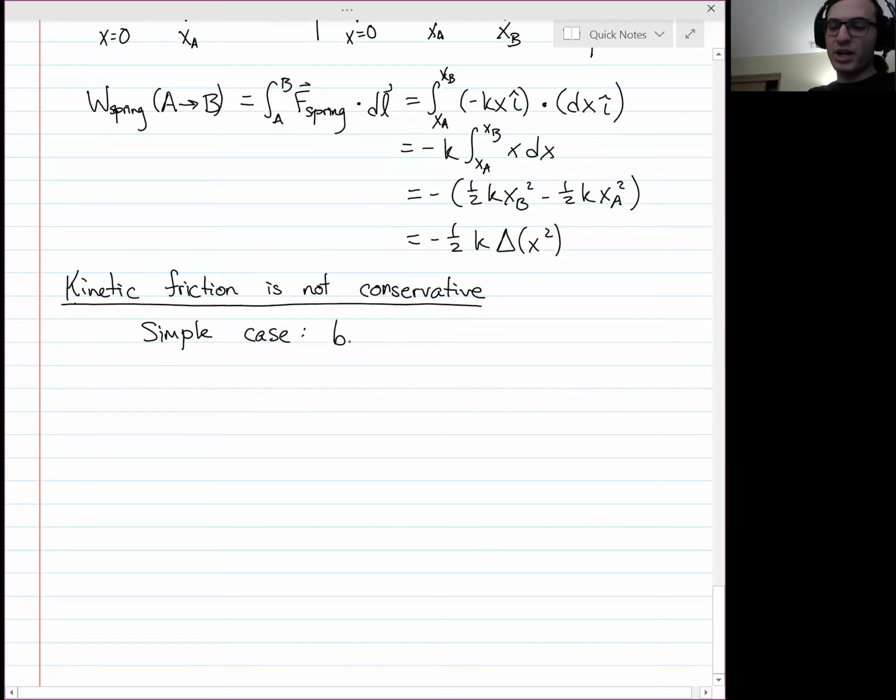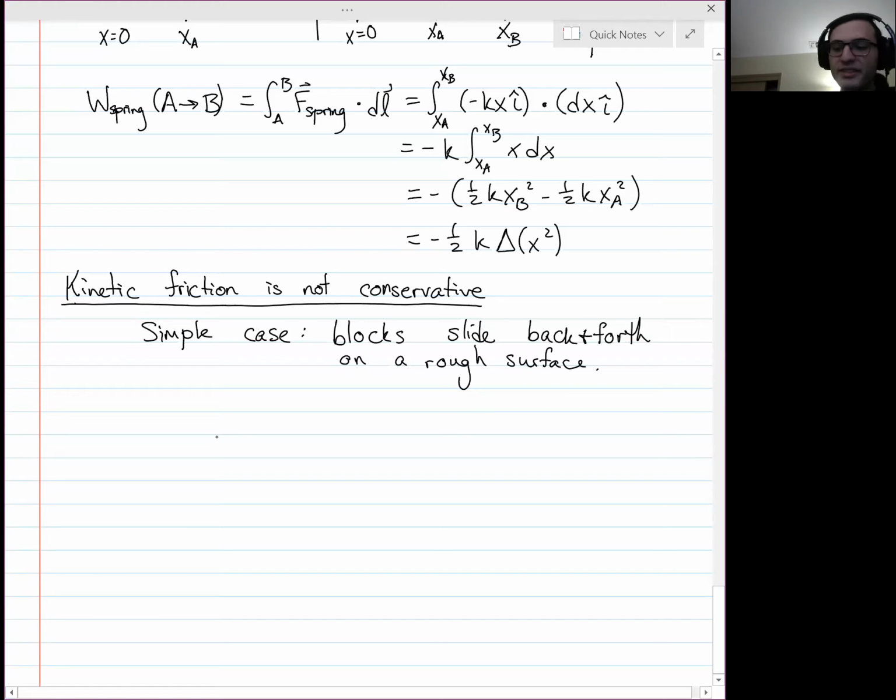The simple case is a block sliding back and forth on a rough surface. So let's say here's position A, here's position B. Initially you go from A to B, and then you go from B to A. And this is the plus X direction.